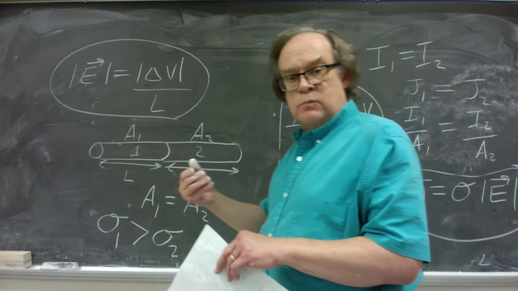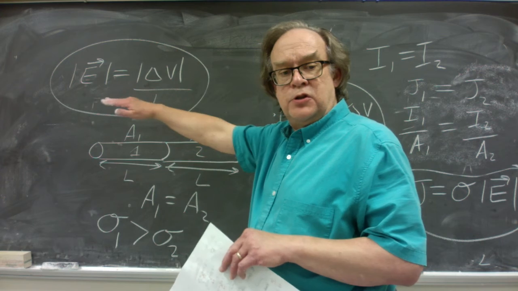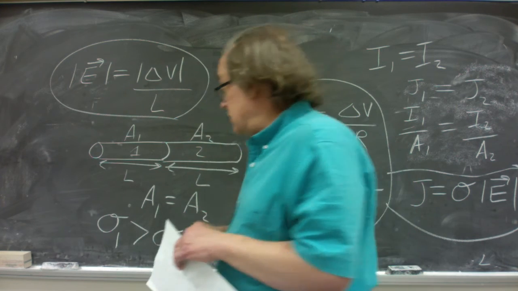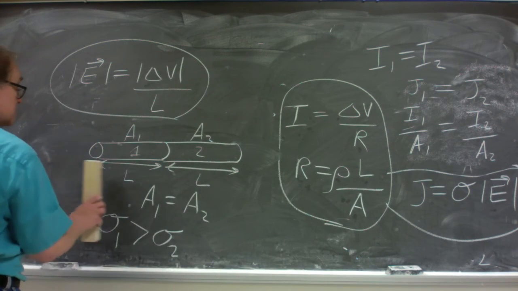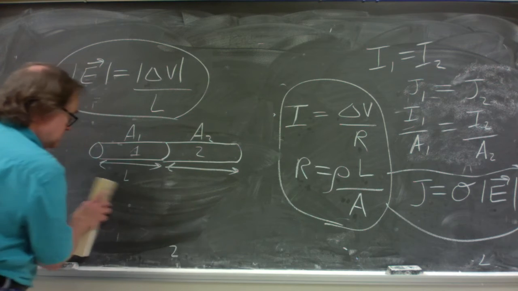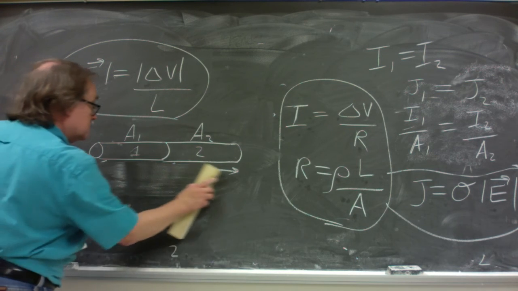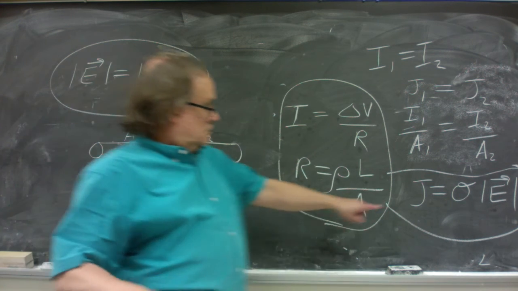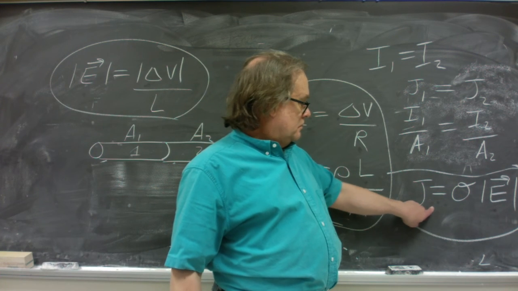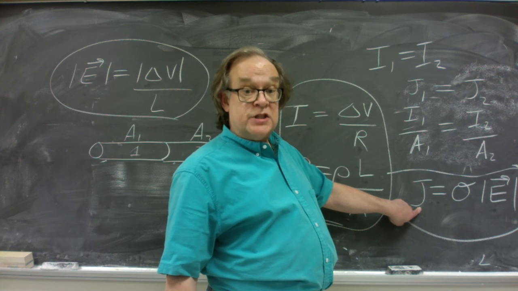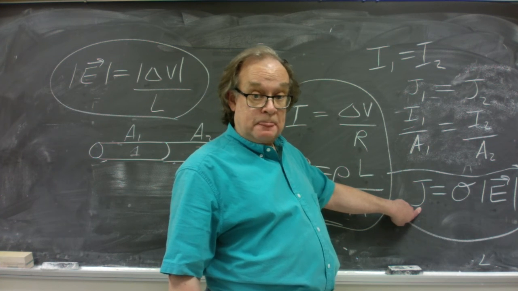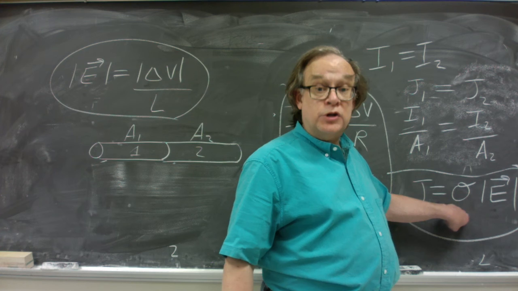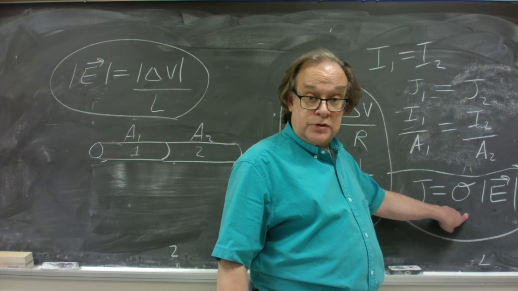Now, what about electric field strength in these two regions? That's going to be different. Notice this. The J current, which is the same in both segments, is conductivity times field, and conductivity is different in both segments.